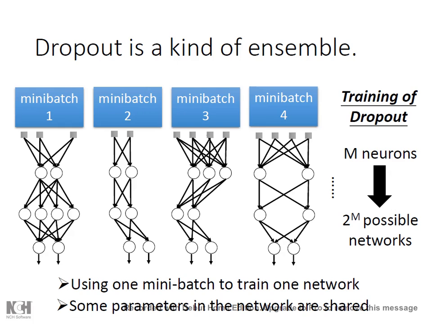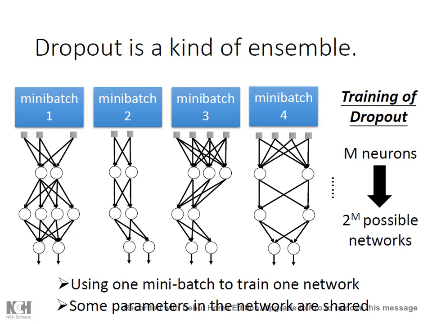Actually in testing we don't drop out anything, but the training is separate for each different network. So when they combine together, it looks like ensemble learning. The idea is very similar.